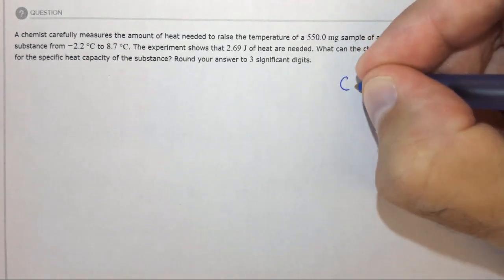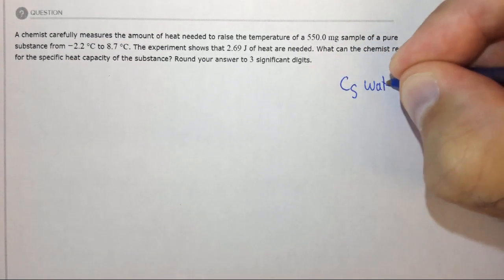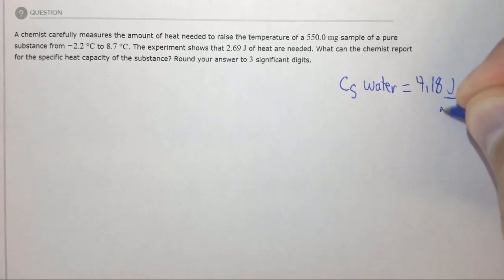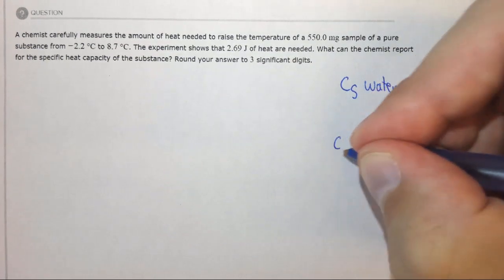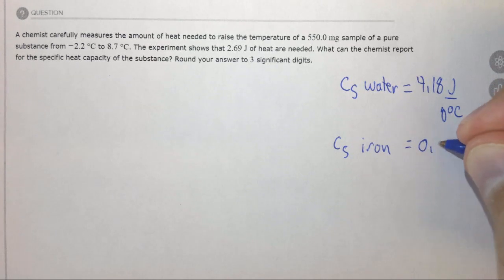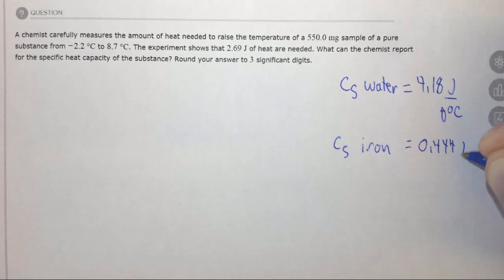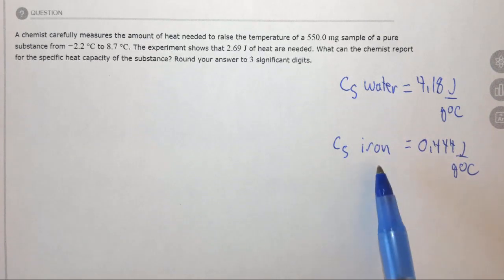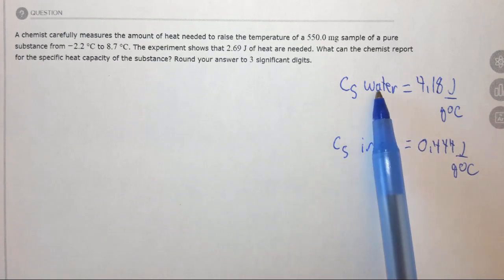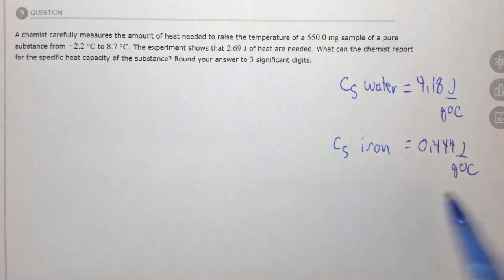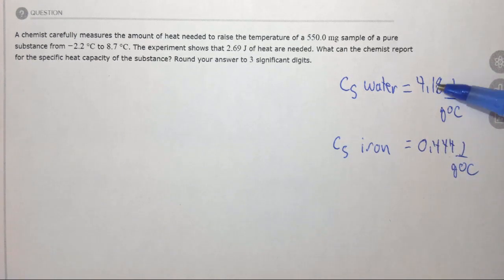So specific heat capacities are essentially a material's intrinsic ability to absorb heat. If we look at the specific heat capacity for water, for example, it's equal to 4.18 joules per gram degrees C. And the specific heat capacity of iron is equal to 0.444 joules per gram degrees C. What this means is that when the same amount of energy is applied to water and to iron, water will raise its temperature 1/10 as much as iron because it can absorb approximately 10 times more heat.